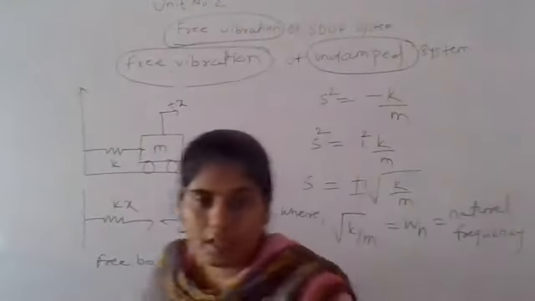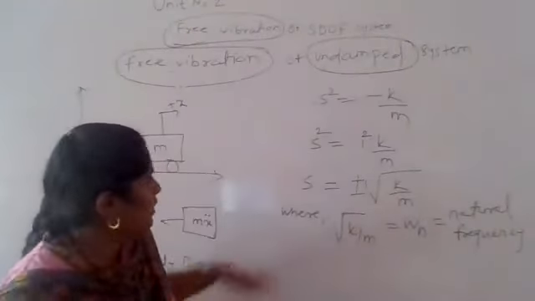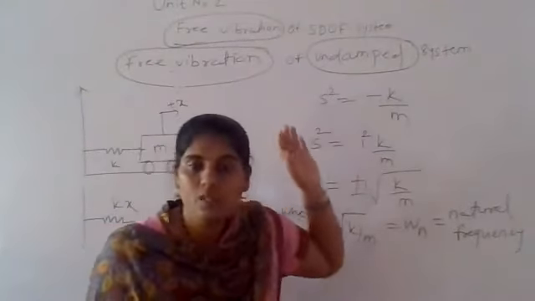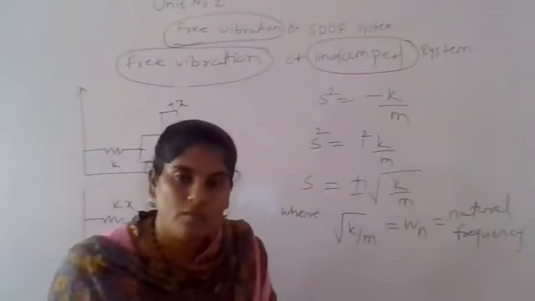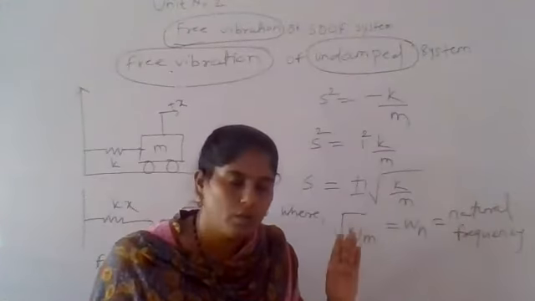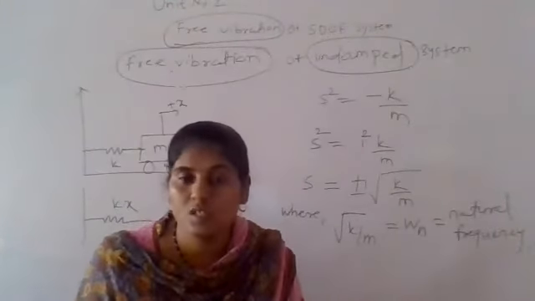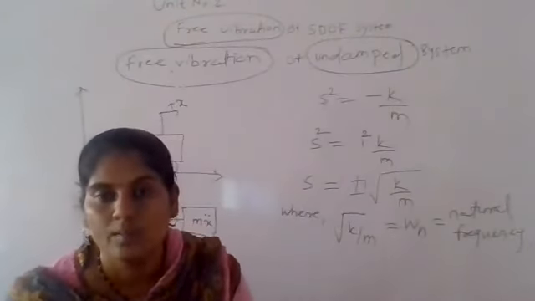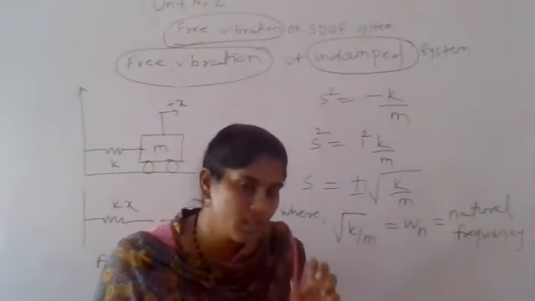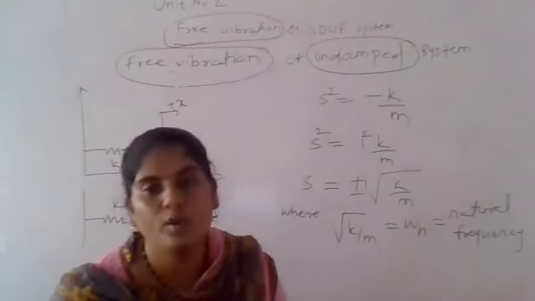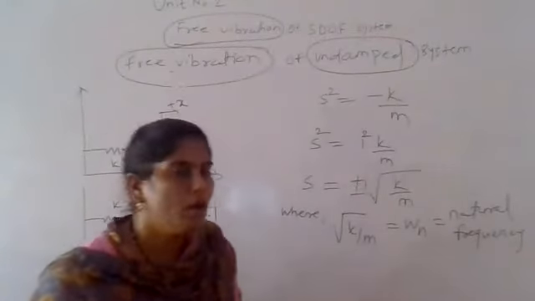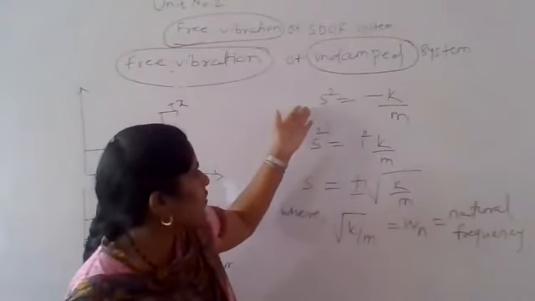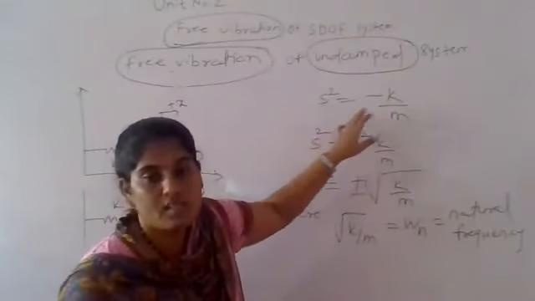Okay, all of you write down. Our equation was m x double dot plus kx equal to 0. For solving this equation, we have gone through the process: x of t is equal to A into e raised to st. Taking the first derivative and second derivative and putting these values into the equation, we get s square is equal to minus k by m.